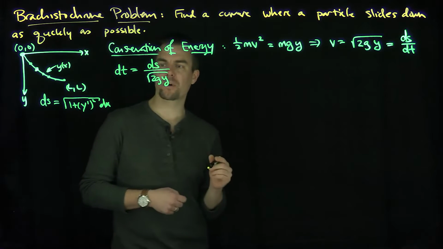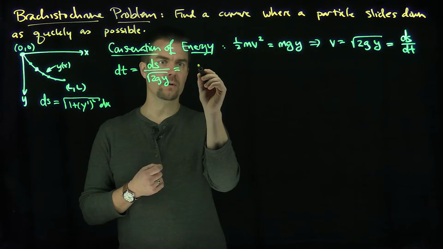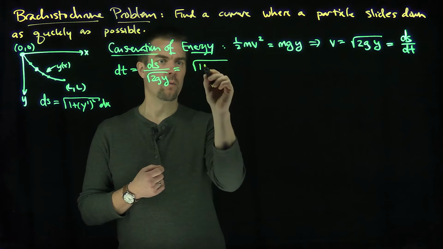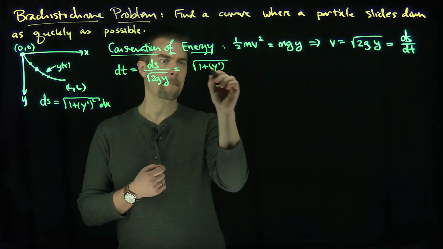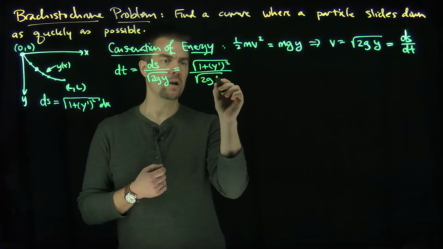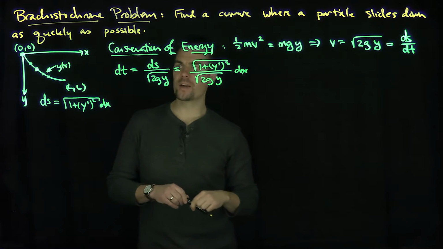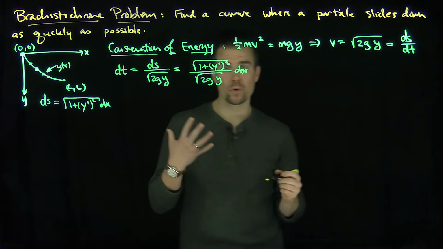So dt is exactly equal to the square root of 1 plus y prime squared over the square root of 2gy, dx. Now if I integrate from 0 to L, I'll find the total time it takes.